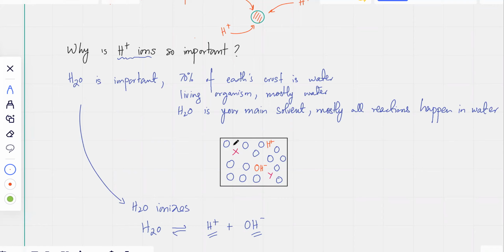So when you're trying to react X with Y, it's not just that X and Y are trying to react. There's a lot happening around them. There's a lot of water molecules, and those water molecules are ionizing and breaking down to produce H+1 and OH-1 ions. Okay, is this clear?